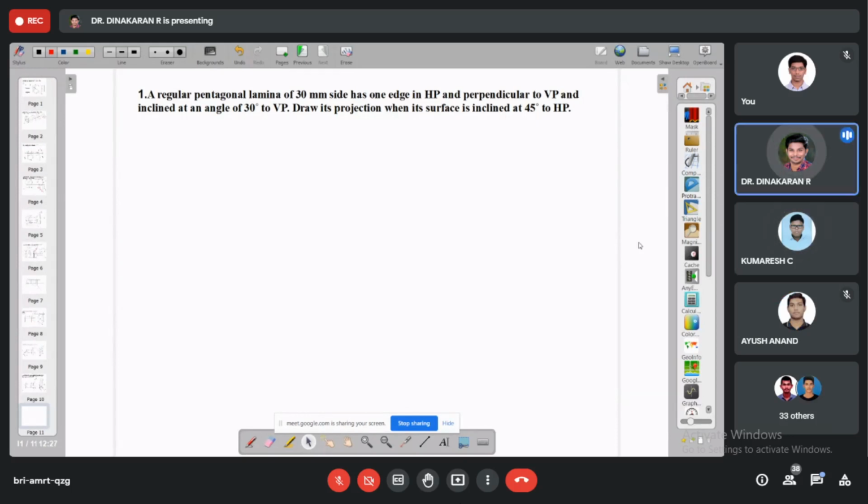A regular pentagonal lamina of side 30 mm has one edge in HP and perpendicular to VP and inclined at an angle of 30 degrees to VP. Draw its projection when its surface is inclined at 45 degrees to HP. Okay, is Aishar there?